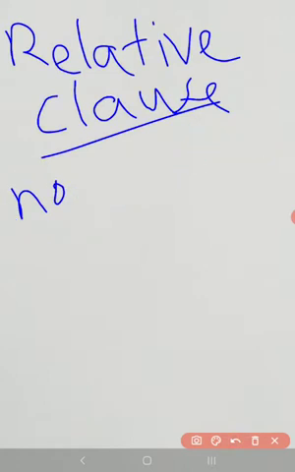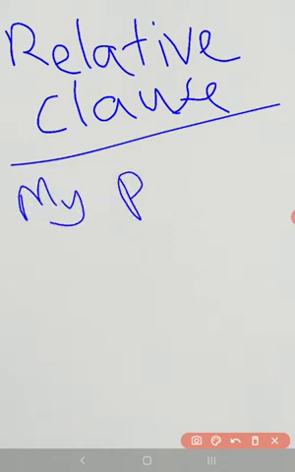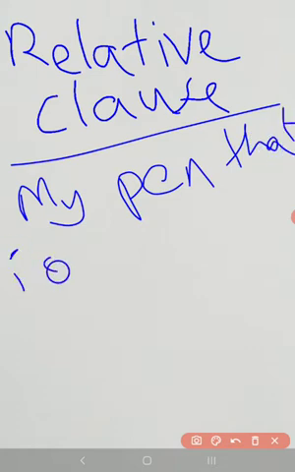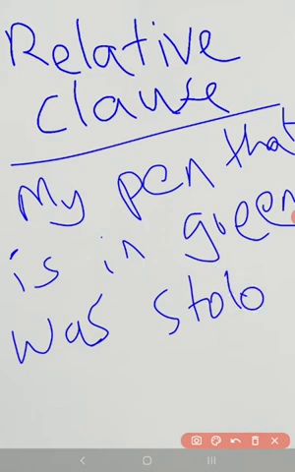I'll just give you an example. My pen, that is in green, was stolen. That's in green color, we can say. Green color, no space, and therefore I just have written green.